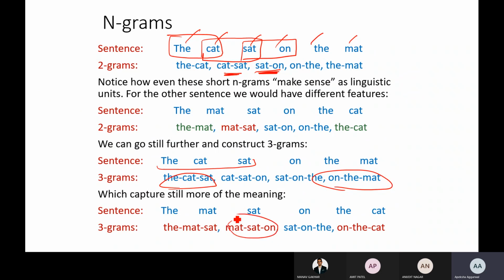In the second sentence, my second trigram is saying "mat sat on." So we are talking about, okay, the mat sat on the cat. So the mat sat on something. This is giving me an even better picture of what is actually happening. Okay, so that is why this is useful.